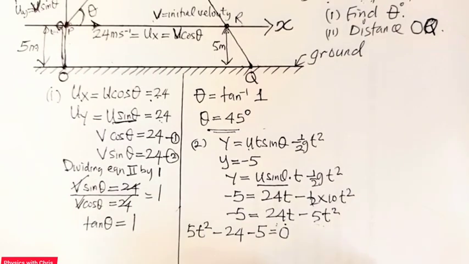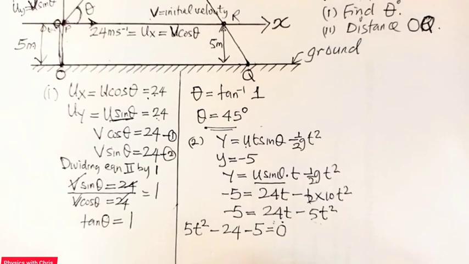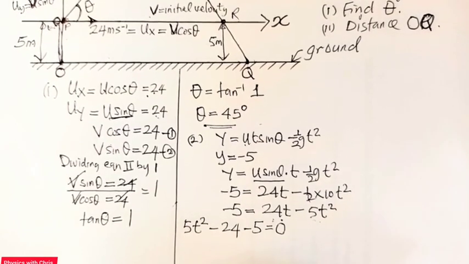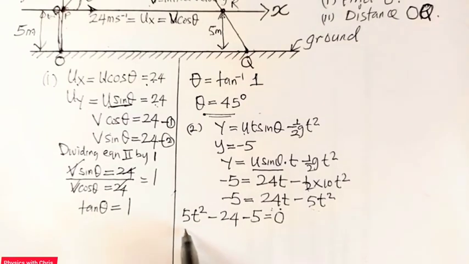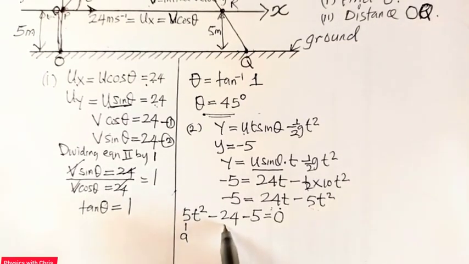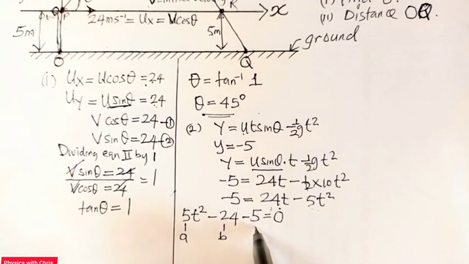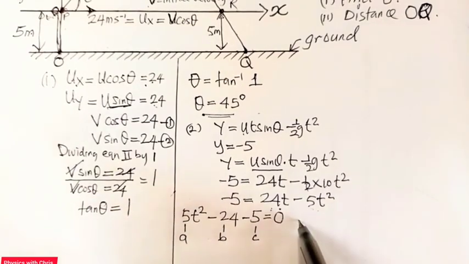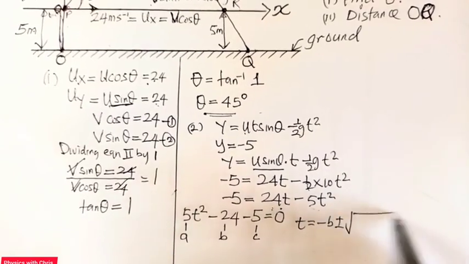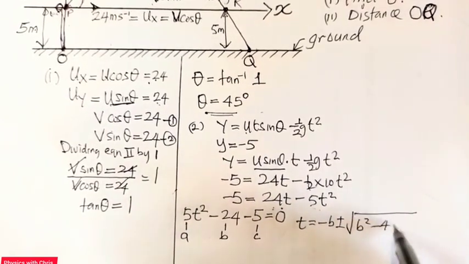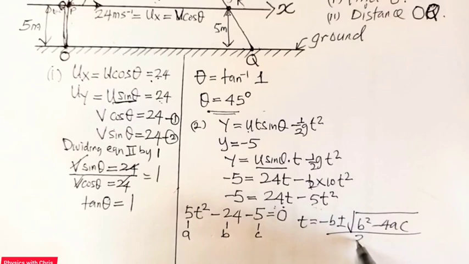This is a quadratic equation, and we can solve it using the formula. This 5 is A, minus 24 is B, and minus 5 is C. So I'll use t equals minus B plus or minus the square root of B squared minus 4AC, all divided by 2A.